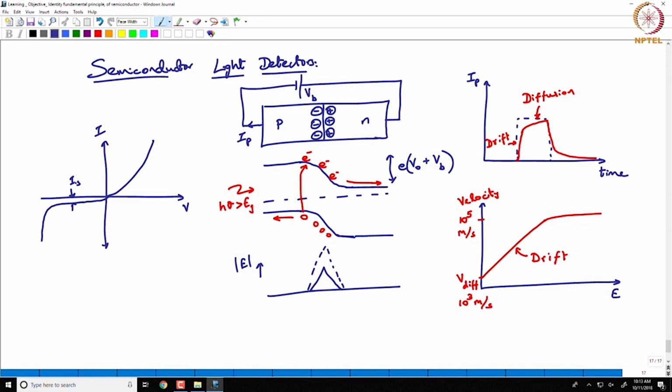Now, the point here is we are trying to use it as a photodiode. So, what happens when you increase the amount of light that falls on this photodiode? You essentially have a shifting of this curve. So, as you increase, this level is going to increase, right.